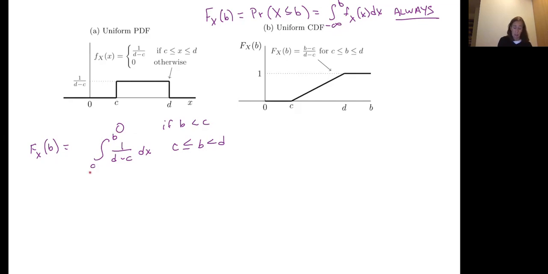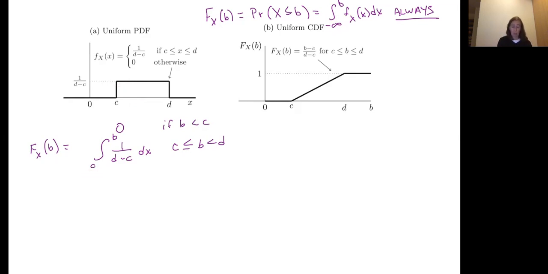That allows me to put c here for my lower limit of integration. So for all of the values of b in this range, I'm going to be finding the area between c and b. So here's another b, here's another b. All the rectangles are always bounded below by c.